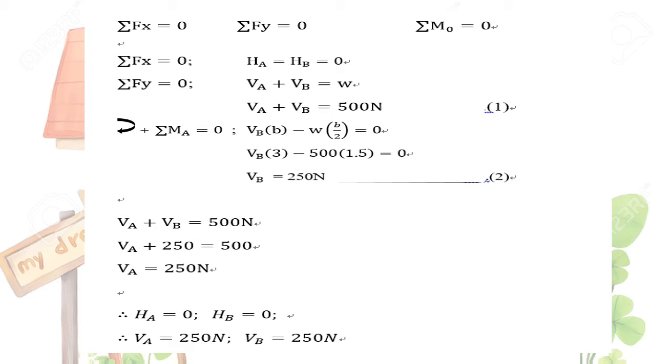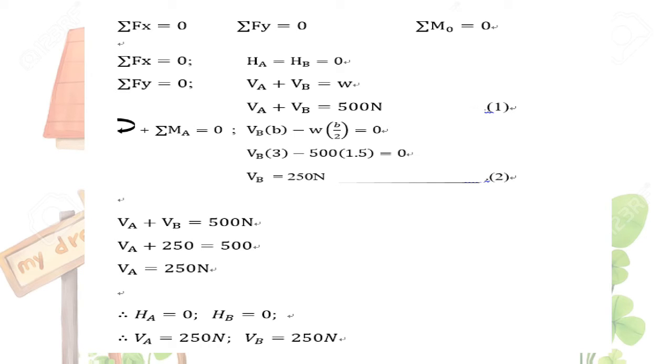Hence, since total Fx equals 0, HA equals HB equals 0. Then let total upward force equal total downward force. Then we get VA plus VB equals W, and that is VA plus VB equals 500 Newton.